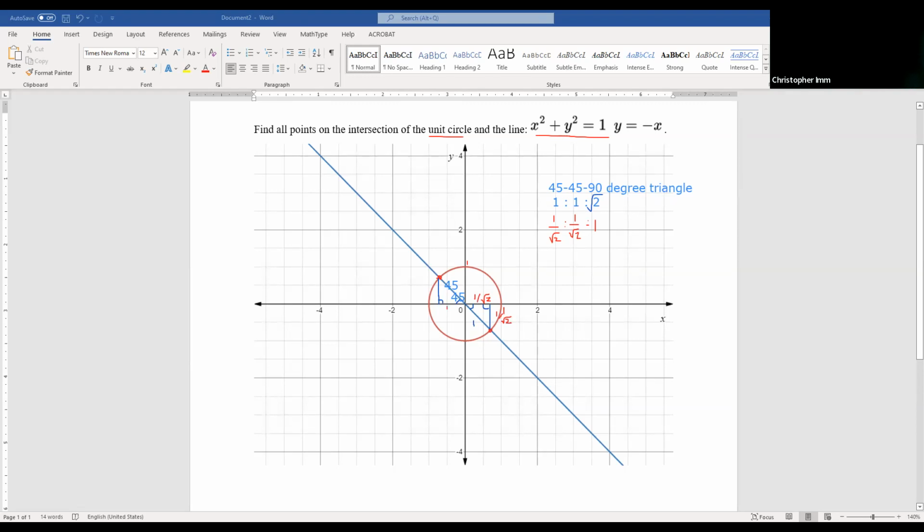Similarly, in the second quadrant, I'm going to have those same values. So when I'm looking for the ordered pairs, I know in the fourth quadrant, x is positive and my y is negative. So one of the ordered pairs is going to be 1 over √2, comma, -1 over √2.